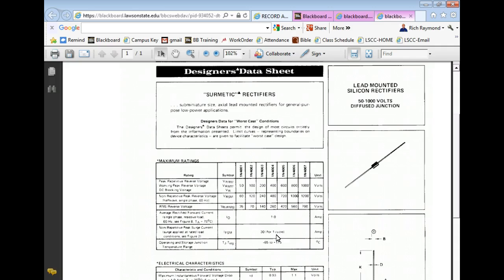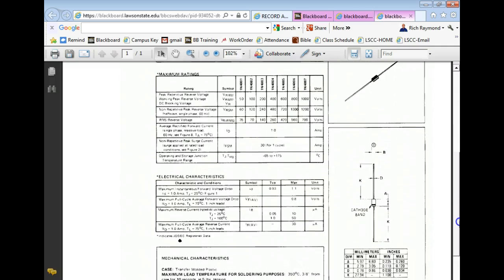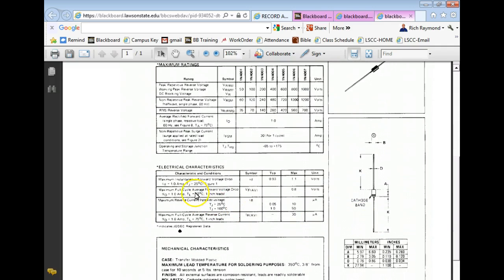What else? Operating storage temperature. We don't even need to know that when we stored it. What else? The VF on this diode at maximum instantaneous forward voltage drop. That means when it's running at 1 amp, it's going to be somewhere between 0.9 and 1.1 volts.